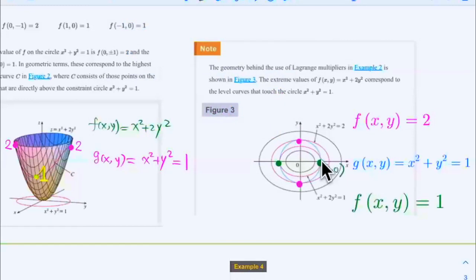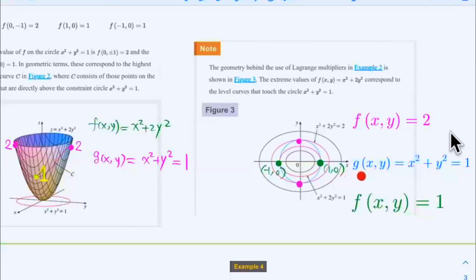And then the other one here will be (negative 1, 0). At these 2, the function value for f will be equal to 1, and those are the minimum values. And then the other 2 intersections will be here and here. The function value will be equal to 2, and 2 is the maximum function value that satisfies this constraint.